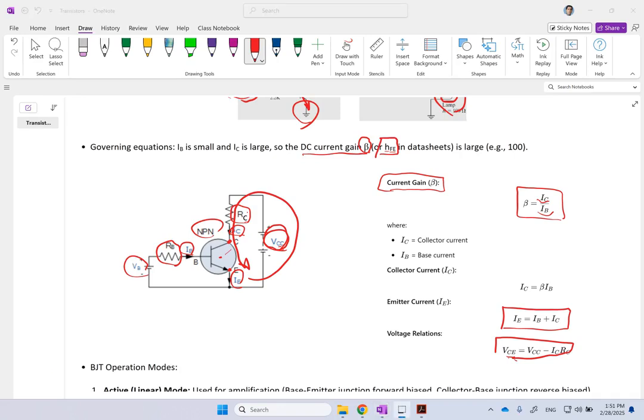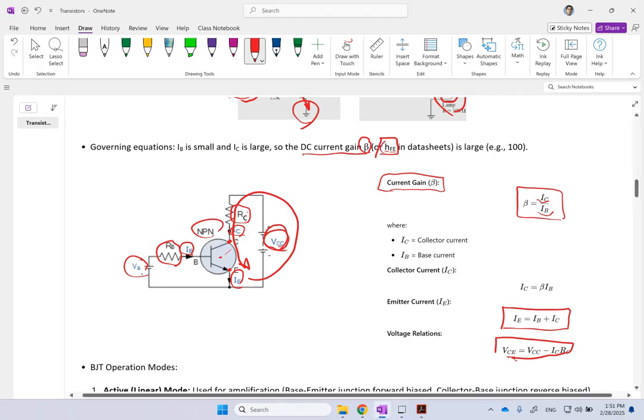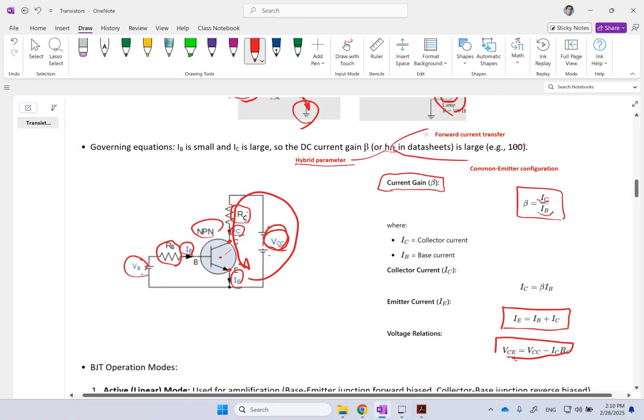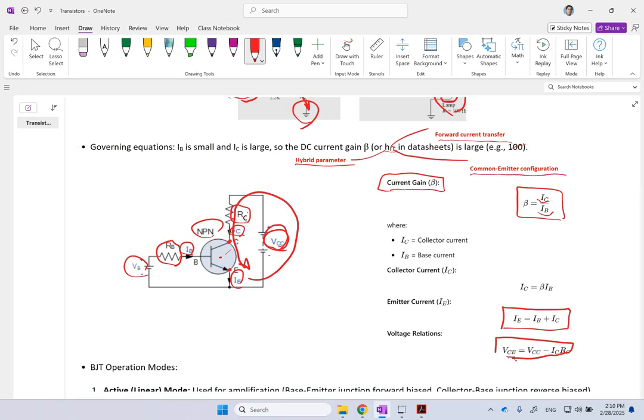If you search for the meaning of each of them, this H means hybrid parameter. Here I just typed them for you. F is for forward current transfer, and E is for emitter, common emitter configuration. So beta or HFE is the most important parameter. We call it the gain or DC current gain, which is I collector over I base.